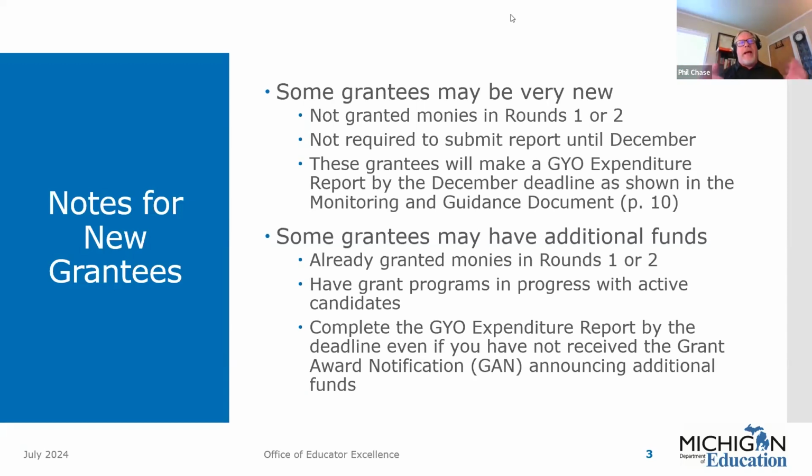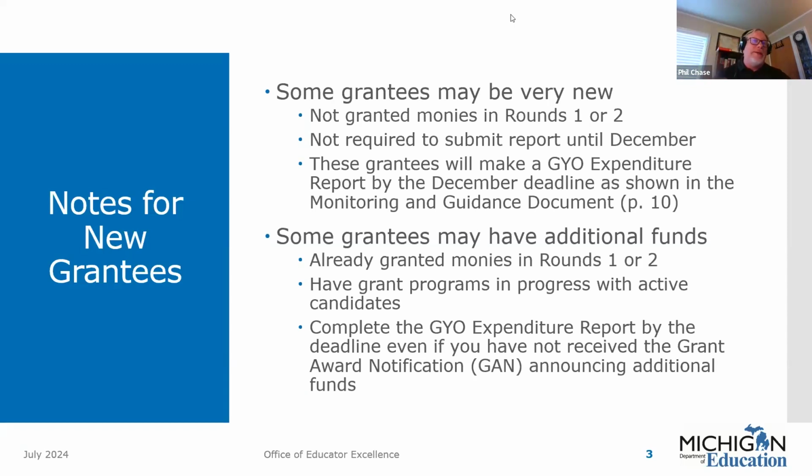We also know that we have some people watching the video today who may actually have been granted awards in rounds 1 or 2 and have recently put in that round 3 application. They're going to be wondering, should I be looking ahead to my future candidates or the money I asked for in round 3? And the answer is no. You should not be thinking about round 3 as you complete your GYO expenditure report for this cycle.